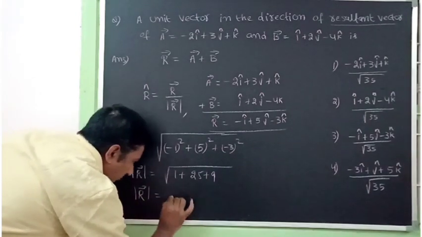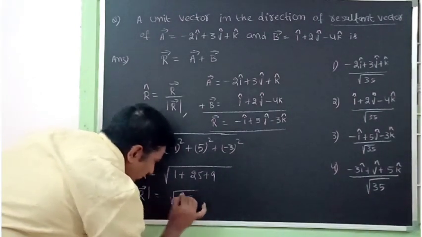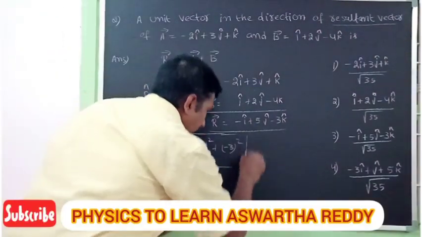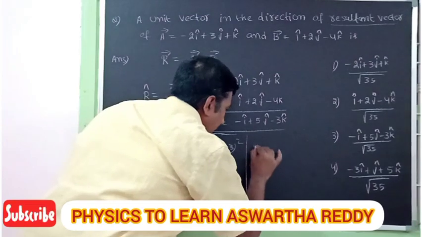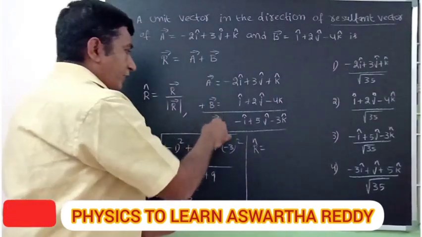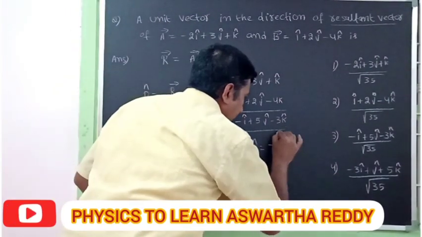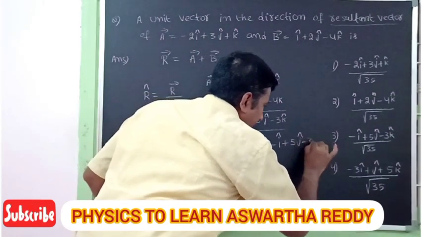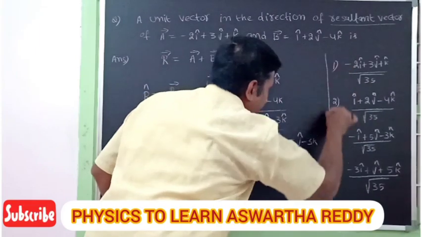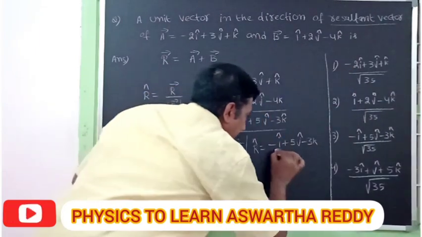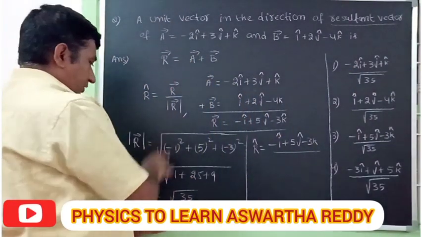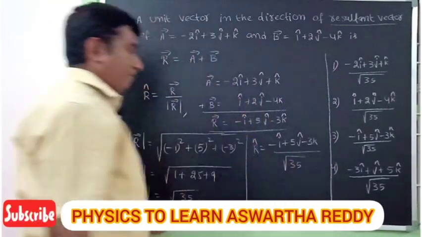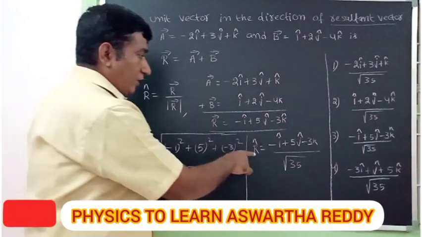So the magnitude we have obtained here is root 35. With the help of this definition, we can write R cap is equal to R vector, which is minus i cap plus 5j cap minus 3k cap, by modulus of R vector, which is root 35. So this is the answer.